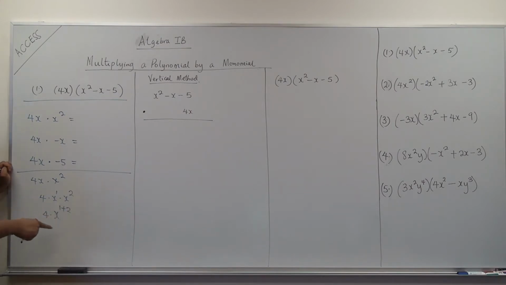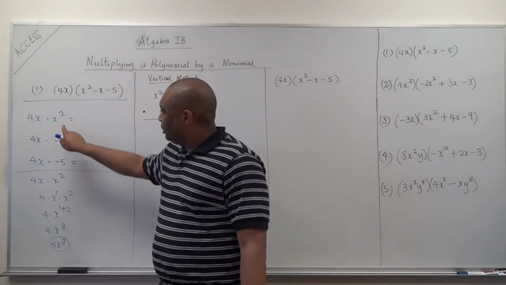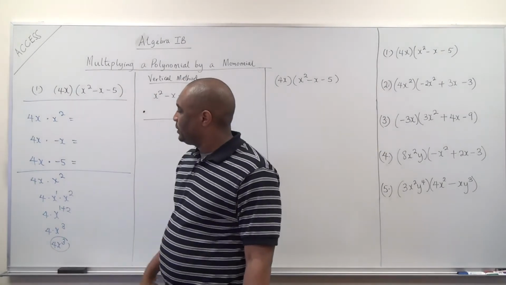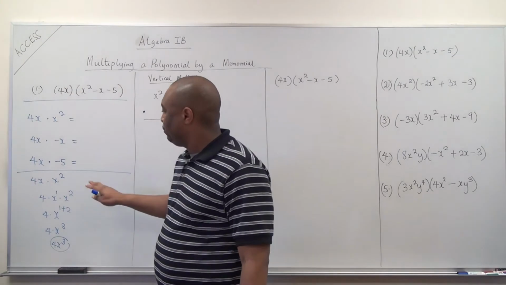Remember the rule of exponents. We did exponents the other time, please look at the video. Then this will be 4 times x cubed, which is 4x cubed. So 4x times x squared gives you 4x cubed, if you want to break it down.